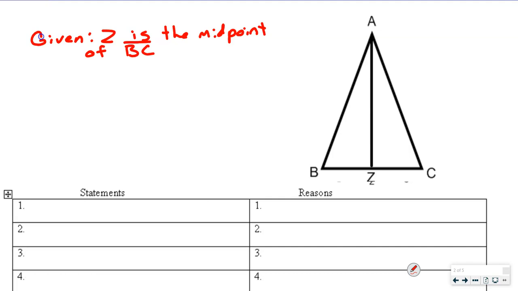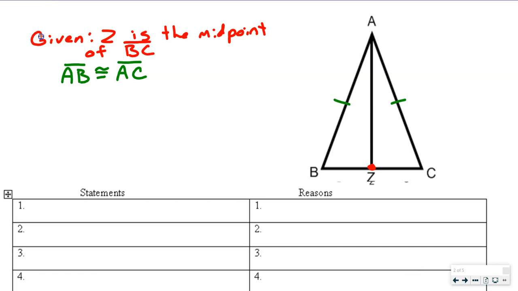And also, side AB is congruent to AC. So that's our given information. So we know AB is congruent to AC. And we know Z is the midpoint of BC.